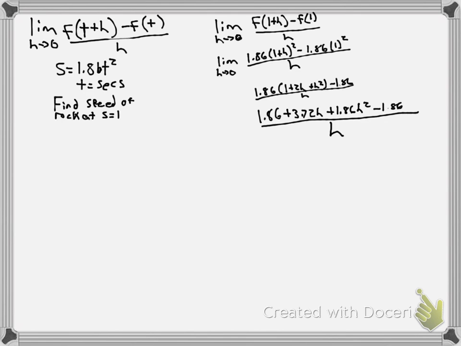But we're good. I've got a common factor of h that I'm going to take out, which leaves me 3.72 plus 1.86h, all over h. Now I can take the limit as I allow h to approach 0. What is the speed of this rock that I dropped when I'm on the planet Mars, 200 meters in the air, after 1 second of fall?